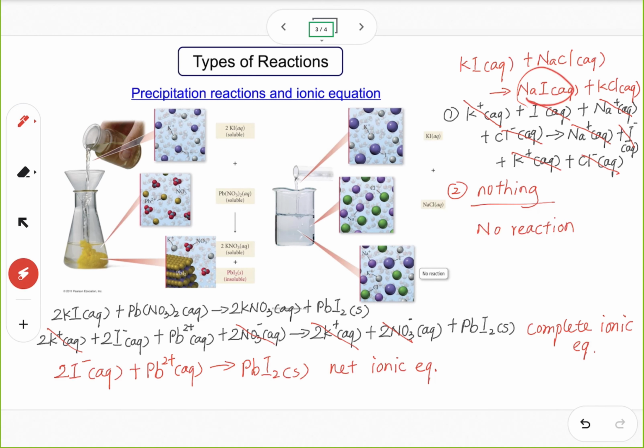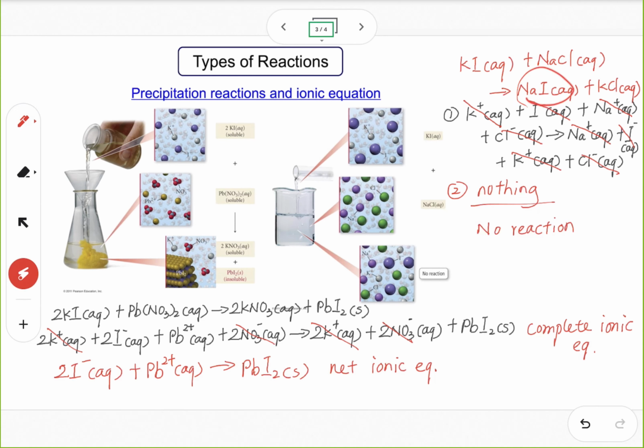Okay, now by looking at those two examples, you can see that net ionic equation can make the reaction simpler and easier for us to identify what the product is, or to identify whether the reaction can happen or not. Okay, so this is the precipitation reaction and ionic equations. Now let's take a look at the gas evolution reactions.